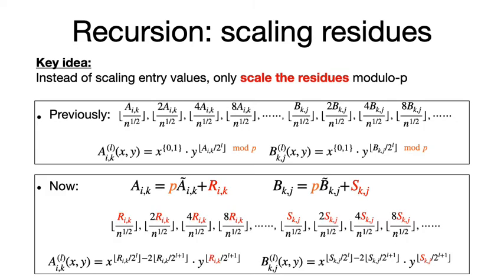Now, we first decompose A and B as quotients and remainders mod P at the beginning, and then consider different scales of only the remainders. Note that here we are not taking any modular operations on the polynomials anymore. The mod P operations are done at the beginning once and for all.